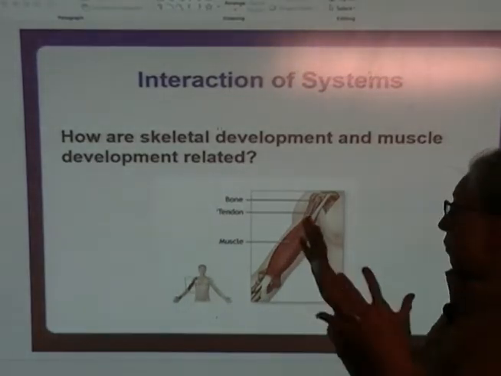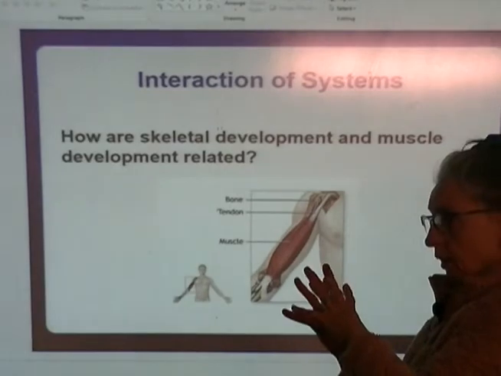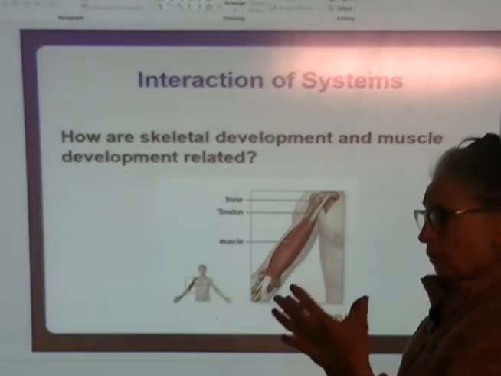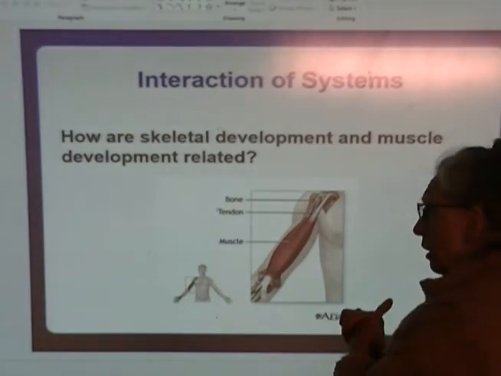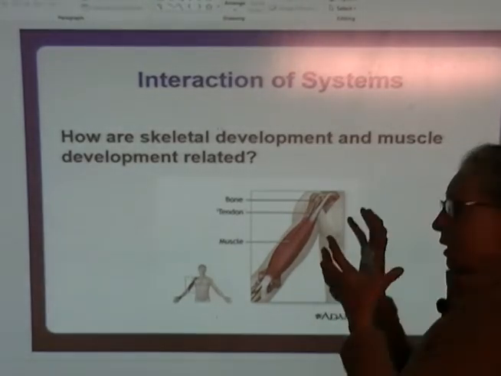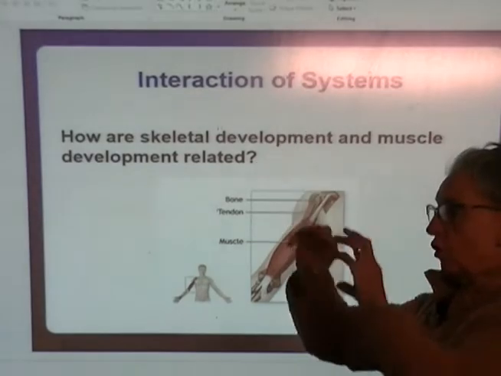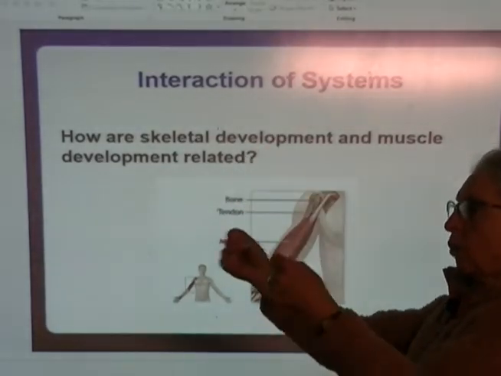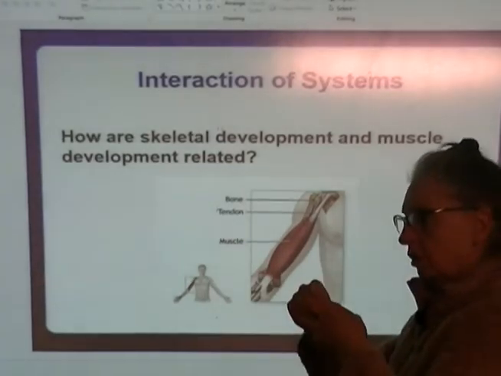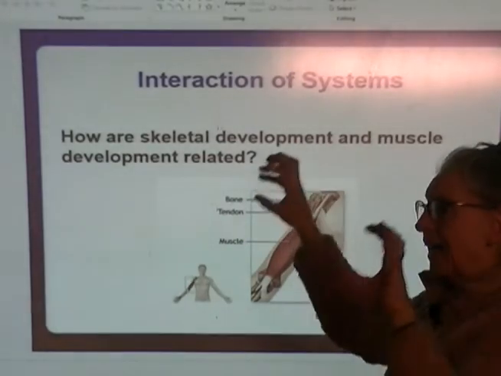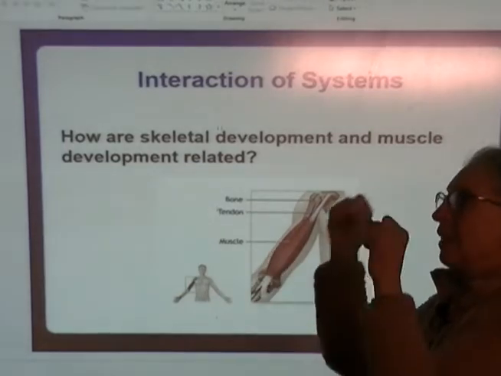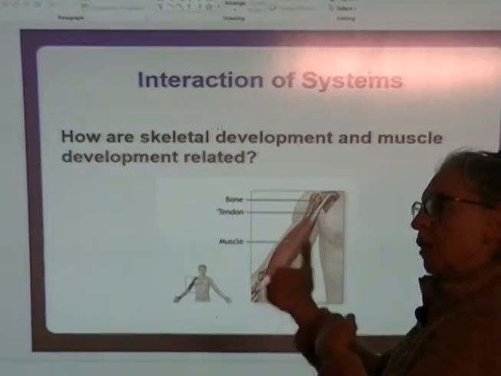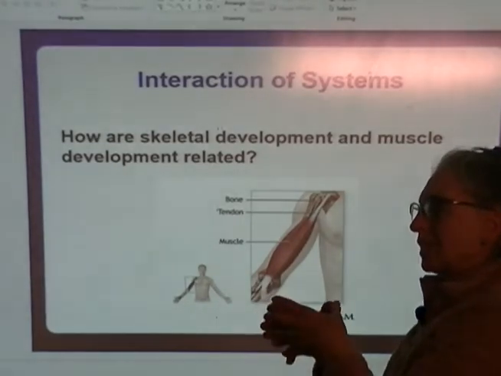So then, interestingly, I've talked a little bit about weight-bearing exercises, right? Now we've got an adult mature system. If I work the muscles hard, right, and they're attached to the bone, then they put stress on the bone, and it encourages the bone to lay down more minerals and stay more dense.